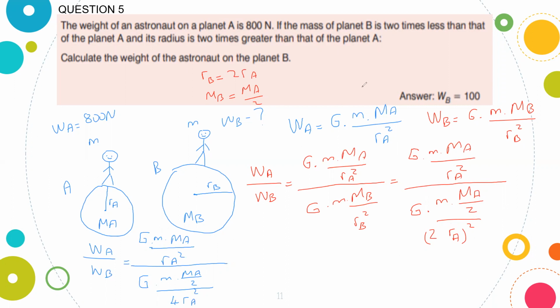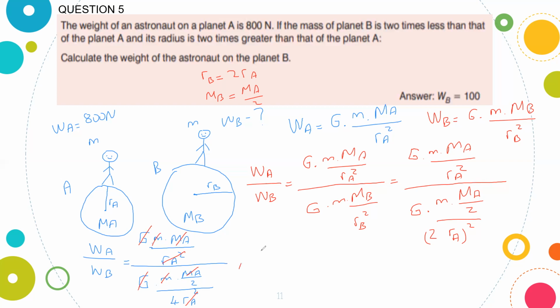From now, we are going to cancel what we don't need, what is the same, because if you have too many unknowns in questions, you cannot answer your question, it's going to be difficult. So now let's cancel G, cancel mass, because M over M makes 1. So M A, gone. R A squared, gone. And from now, what is left?